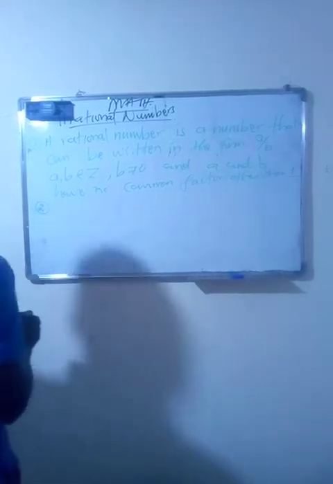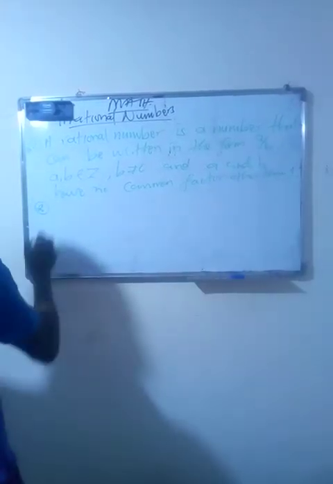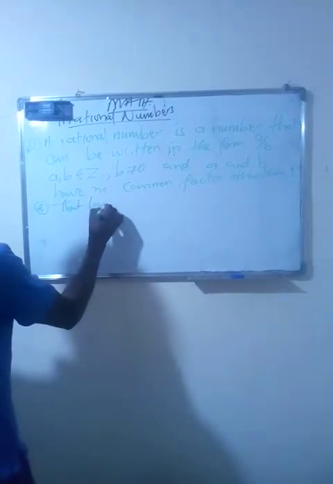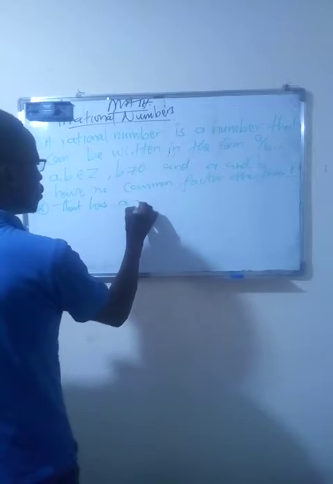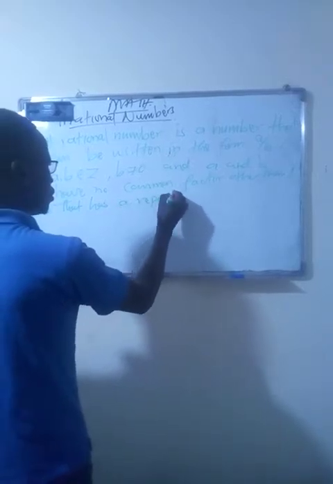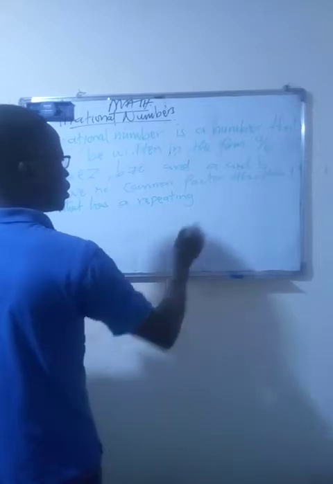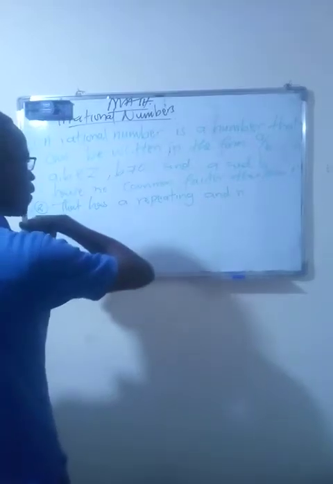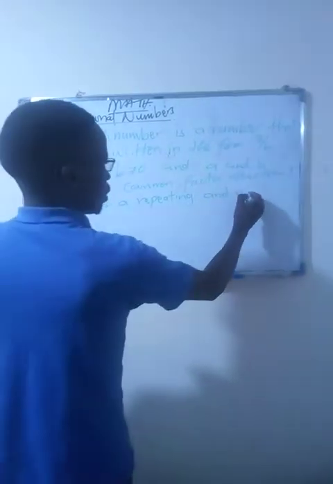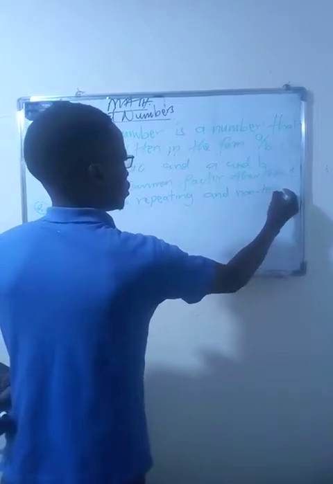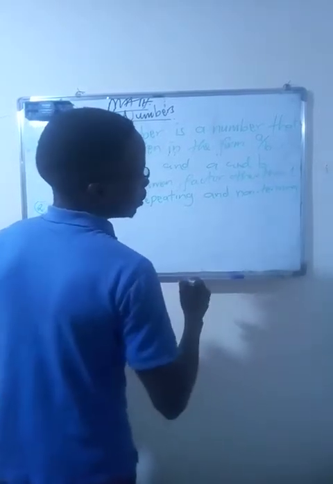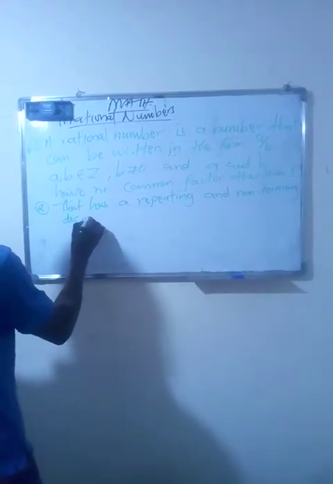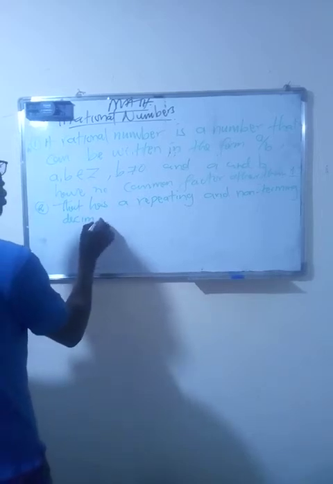Number two, the other definition that we said when we looked at rational numbers: we said that a rational number is a number that has a repeating and non-terminating decimal.